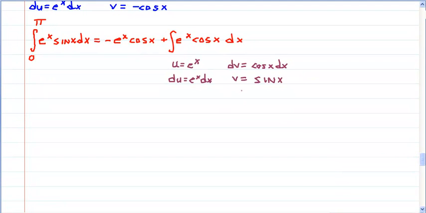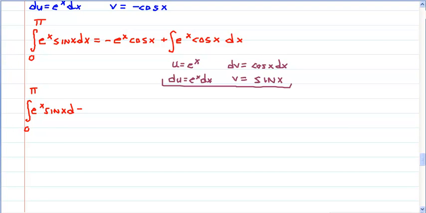So I'm going to rewrite this whole problem, substituting all of this back into the integration by parts formula. So we have the integral from 0 to pi of e to the x sine x dx equals minus e to the x cosine x, and then plus we have u times v, e to the x times sine x, and then minus v du, so the integral of e to the x sine x dx.